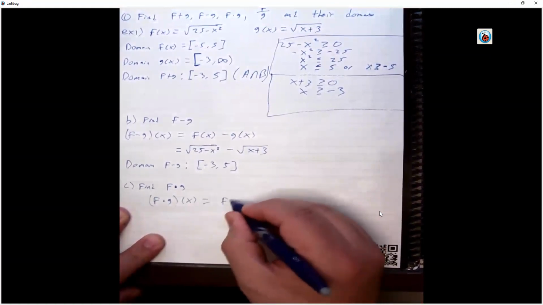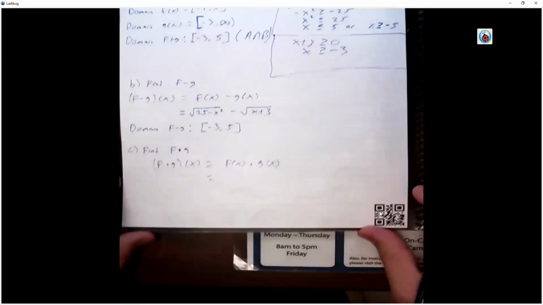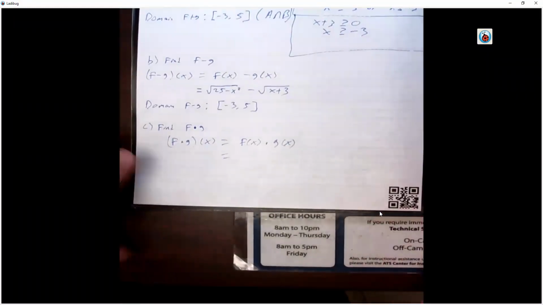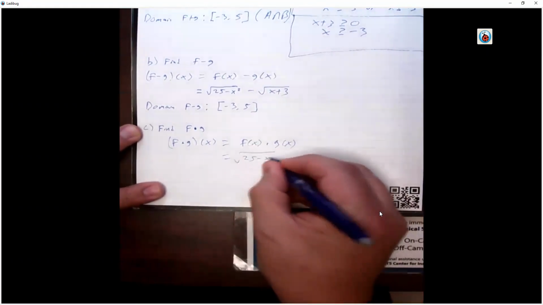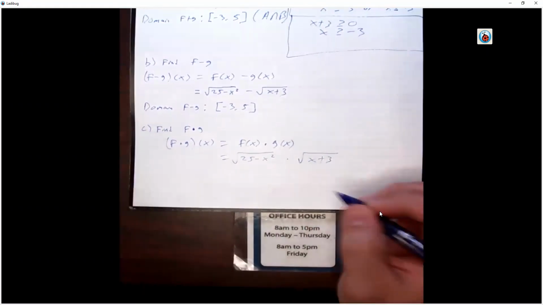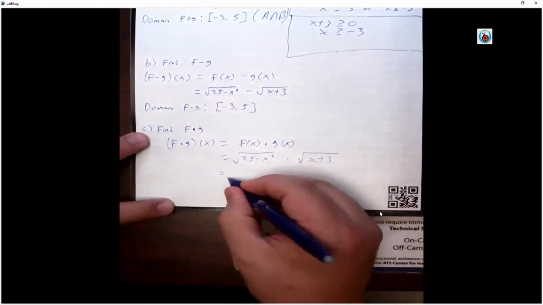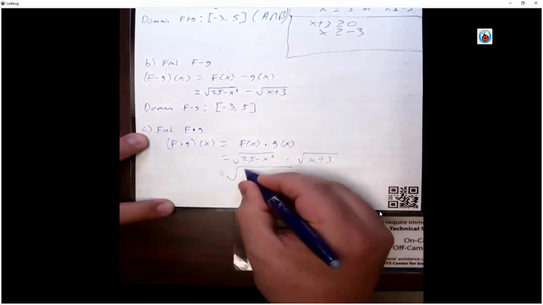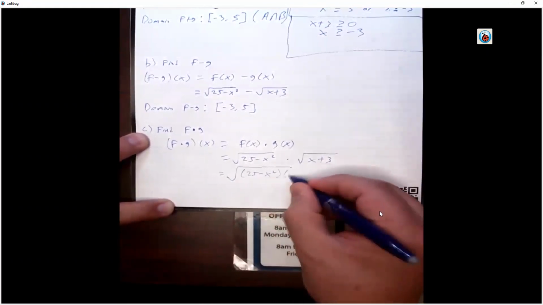F times G is multiplying together. So that will be the square root of 25 minus x squared times the square root of x plus 3. I'd be fine if you left it that way, but you could combine them technically, because this is the same as saying this first argument times the second one.